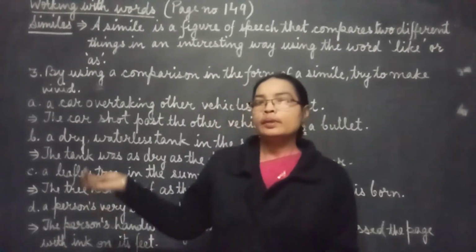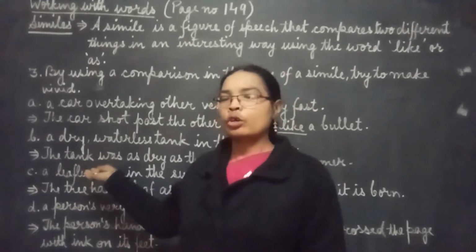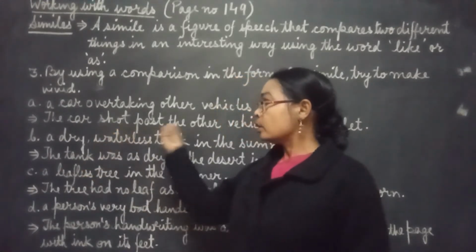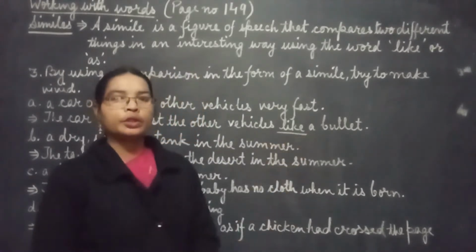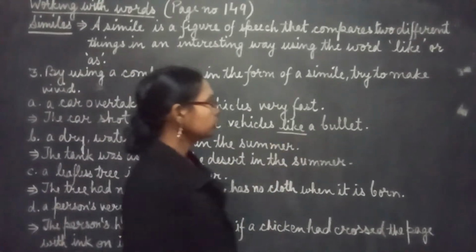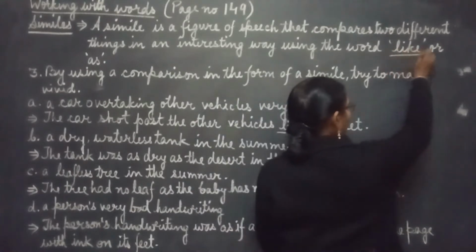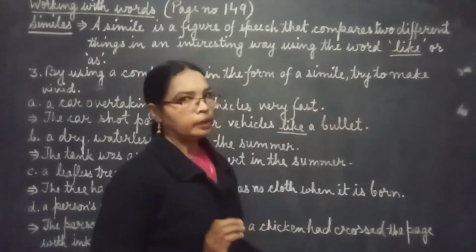So, in sentence number A, the solution we got: the car shot past the other vehicles like a bullet. So, this like we got, isn't it?